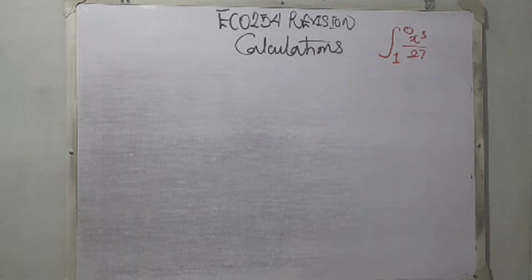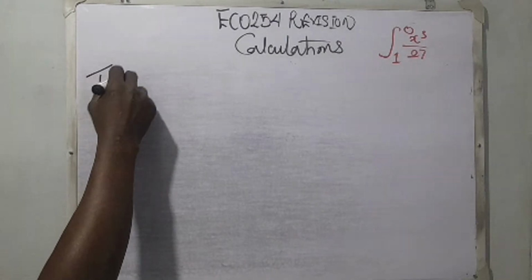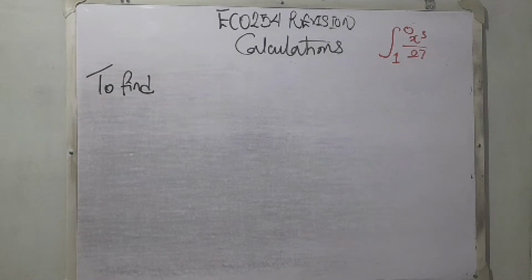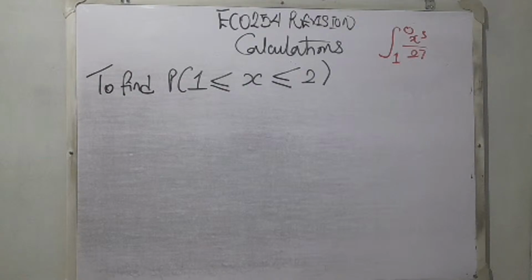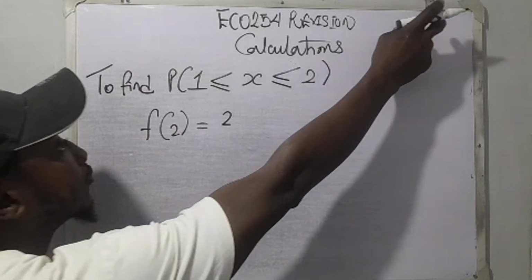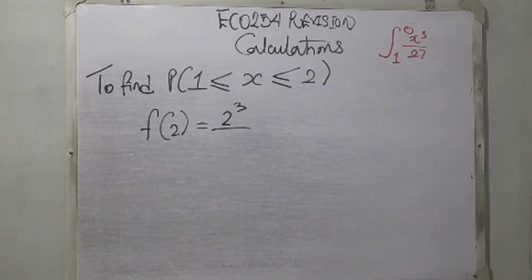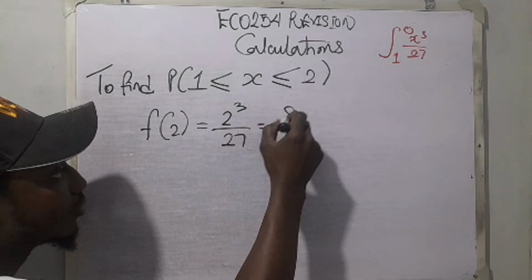To find the probability that 1 is less than or equal to x less than or equal to 2, we have function of 2 equals 2 raised to the power of 3 over 27, still the same thing as 8 over 27.